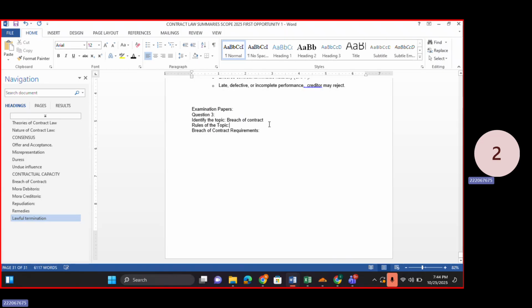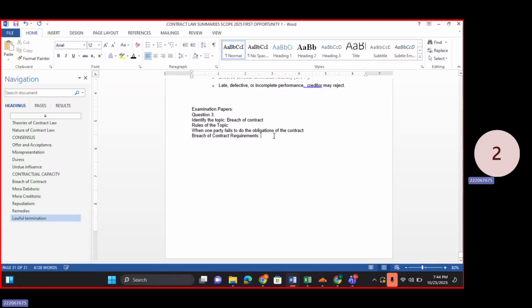It's when one party fails to meet the obligations of the contract.